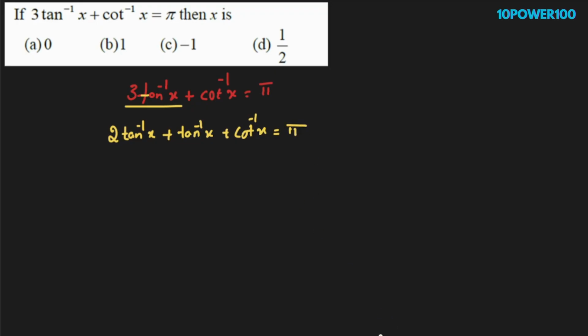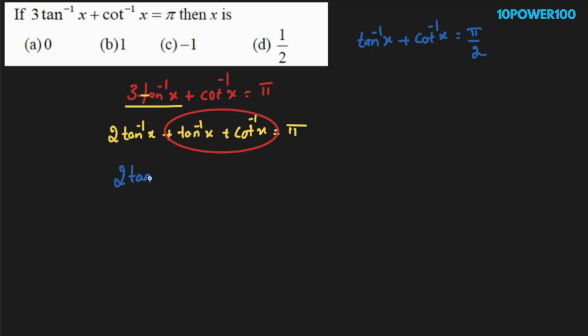Now, there is a relation that tan inverse x plus cot inverse x is equal to pi by 2, 90 degrees. So what we can do here is, in place of tan inverse x and cot inverse x, we can replace pi by 2. Okay, so let's replace that.